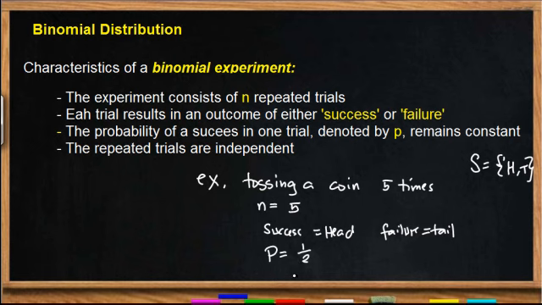Unlike ang dependent events, for example, bola sa box. Kung red nga bola ang nakuha, then wala nato gibalik sa box, ang sunod nga trial ma-change na ang chances kay na-change na ang nasa box. Okay? But in this case, the trials dapat kay independent.